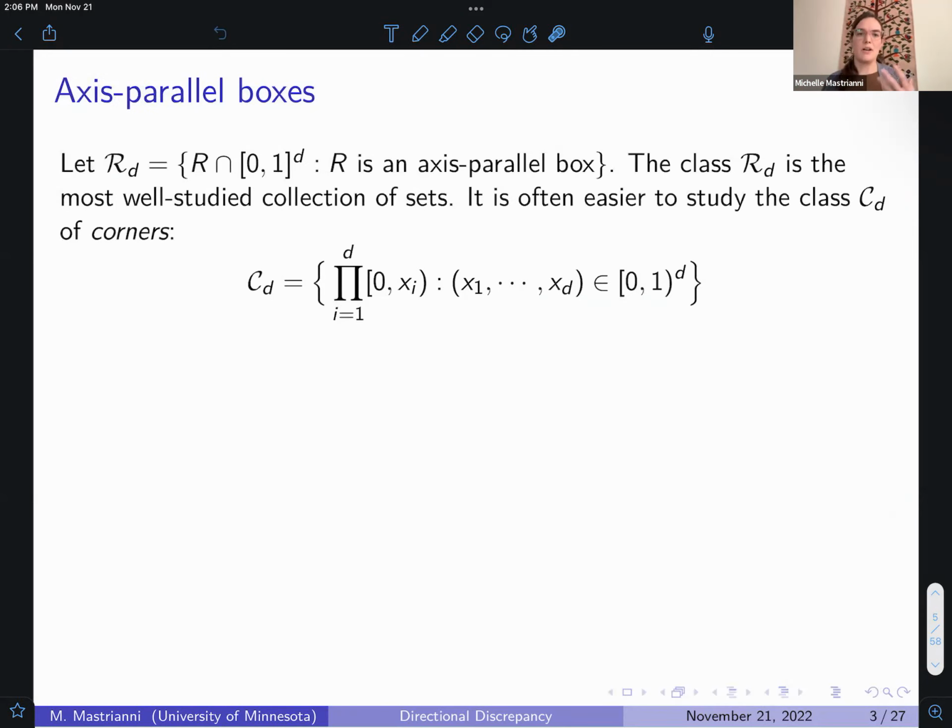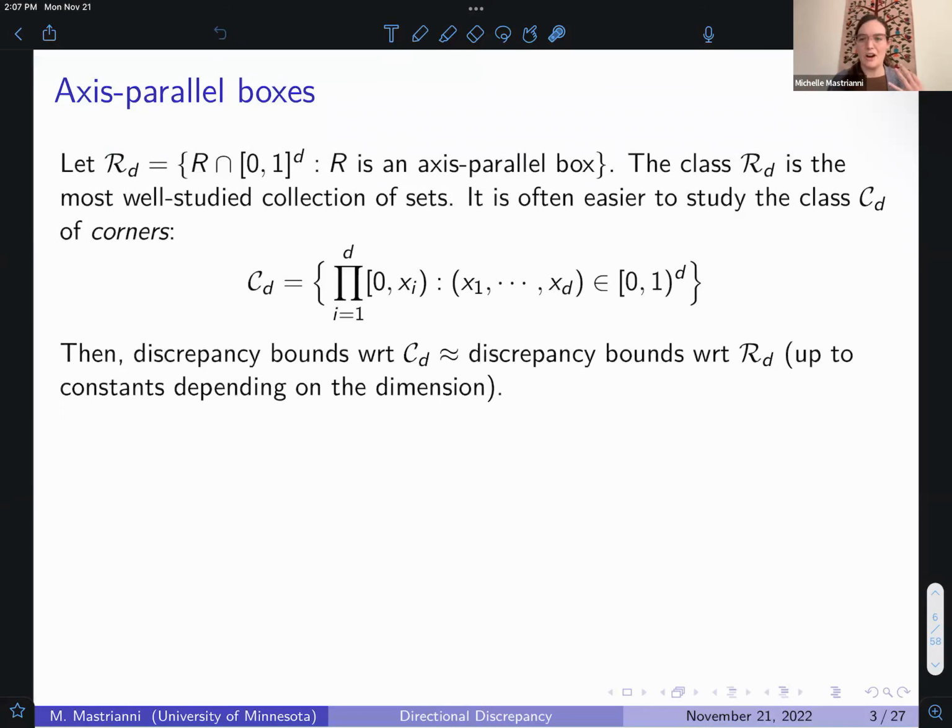As I mentioned, one of the most natural classes of sets with respect to which we can study the discrepancy in the unit cube are axis parallel boxes. I'll denote that script R sub D in D dimensions. And it's often easier, which you'll see why in a second, to study the class of corners, which are essentially just anchored boxes at the origin.